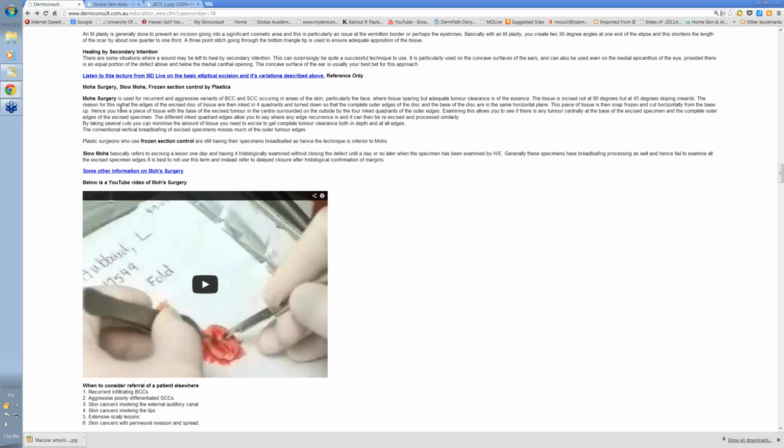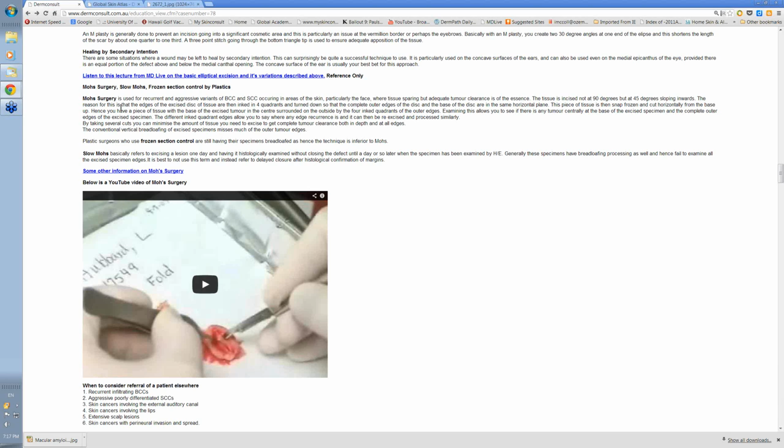Basically, it relates to the way in which the specimen is handled. When you're cutting the specimen out, you usually cut it beveled in the way at 45 degrees. The reason for that is you're then pressing the outer aspect of the excised lesion so that the whole of the exterior is at the same level as the base.